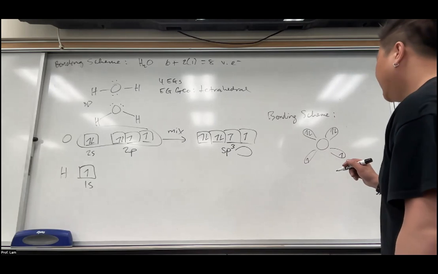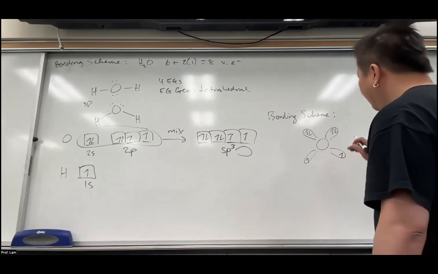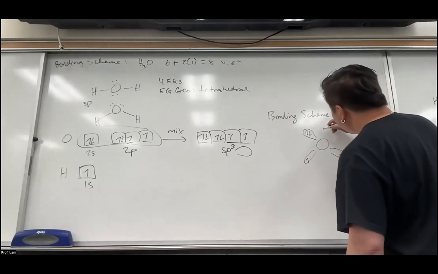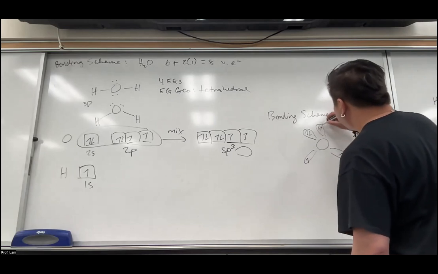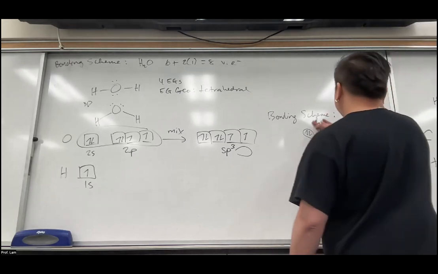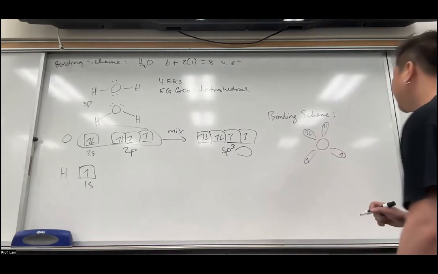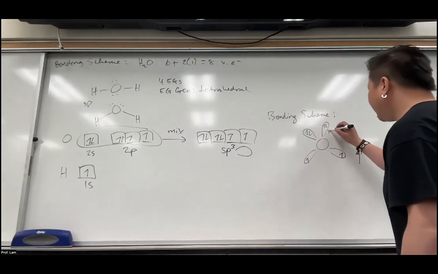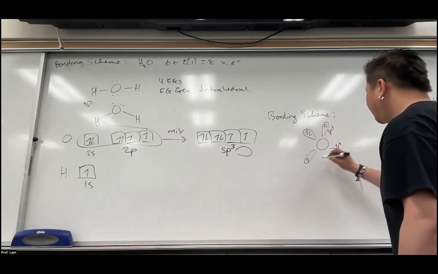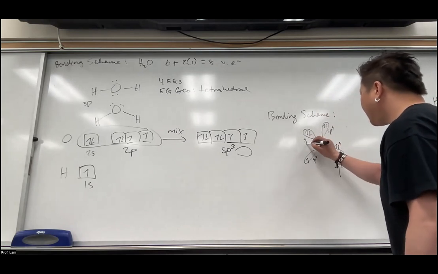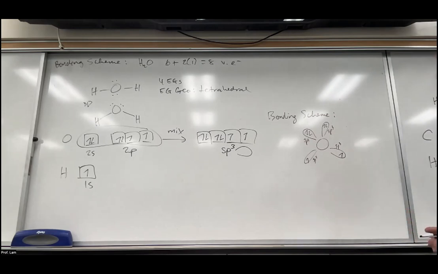And then probably should make this more angled so it looks like 109.5. So we'll look at like that. Okay, that's good. And then we label these sp3, sp3, sp3, sp3.